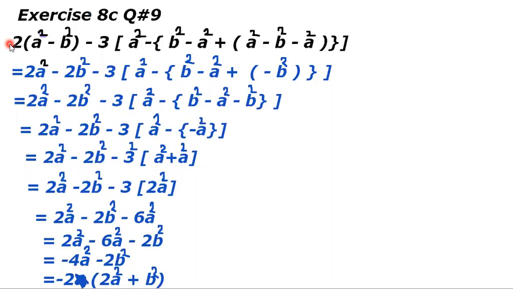When there is a positive sign outside, we don't change the signs inside the parenthesis. When there is a negative sign outside the parenthesis, we change the sign when we remove the parenthesis.